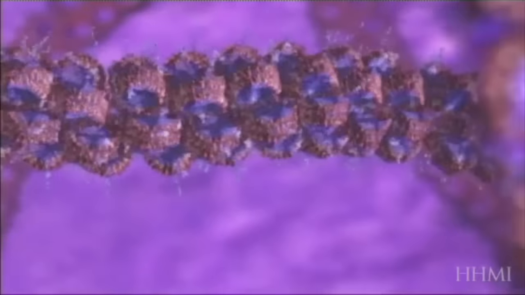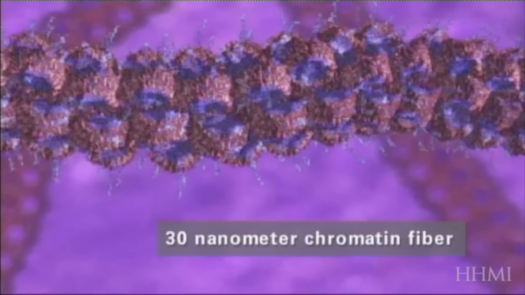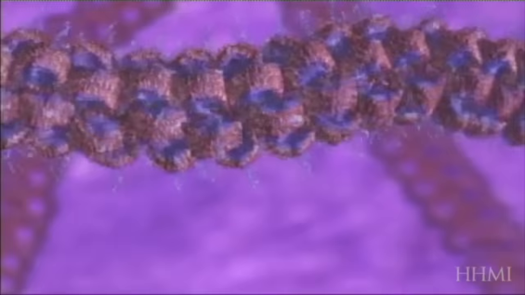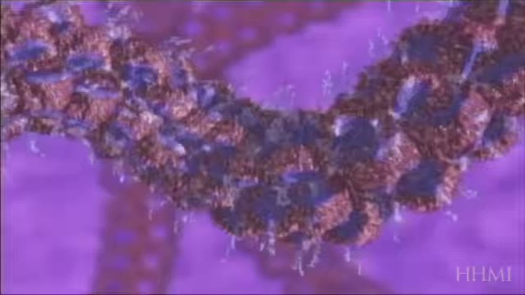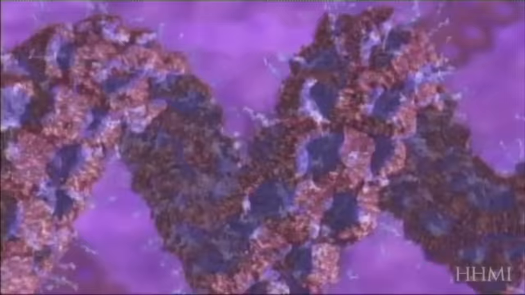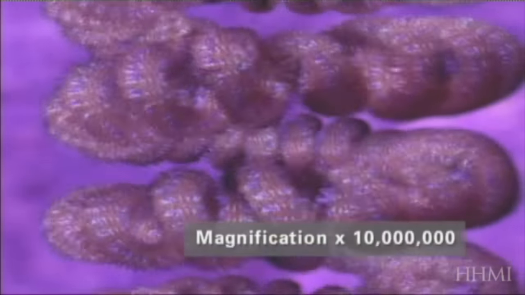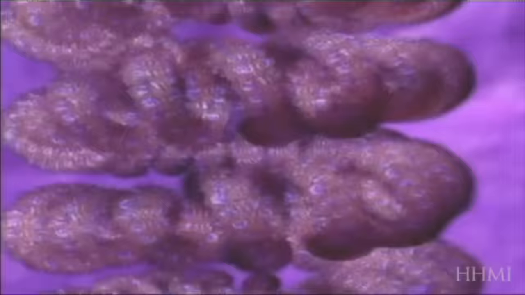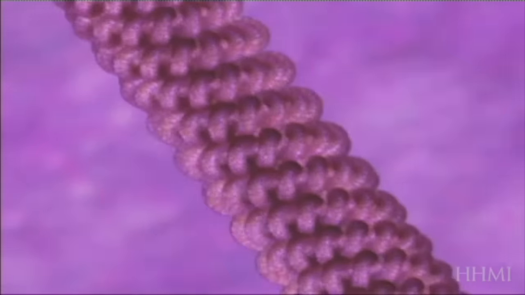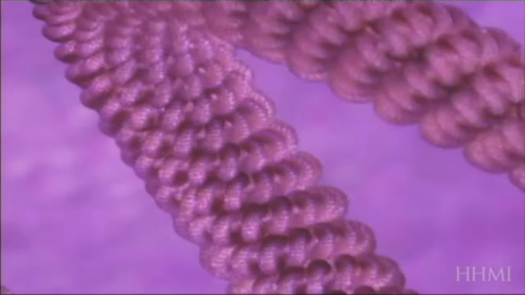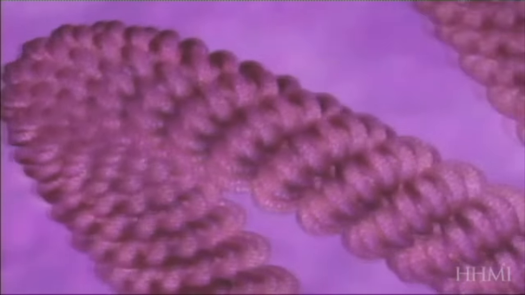This fiber, which at this point is condensed to a thickness of 30 nanometers, is then looped and further packaged using other proteins which are not shown here. This remarkable multiple folding allows 6 feet of DNA to fit into the nucleus of each cell in our body, an object so small that 10,000 nuclei could fit on the tip of a needle.